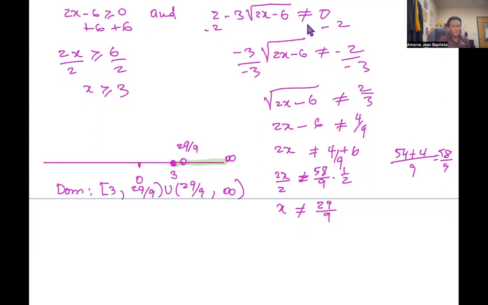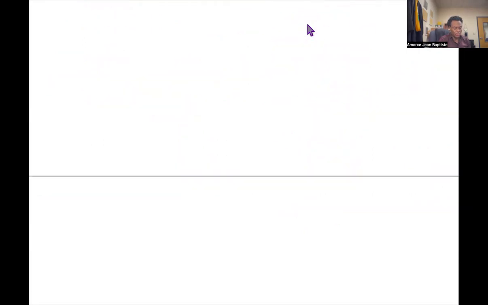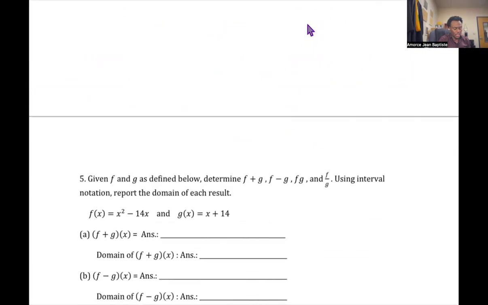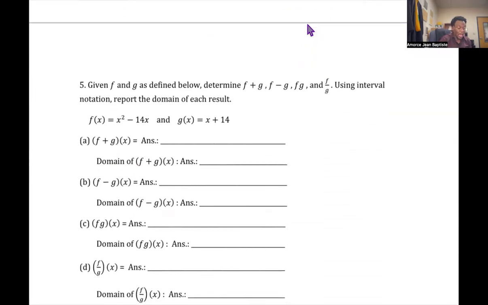Now the next step would be other types of operations over functions, such as the sum.